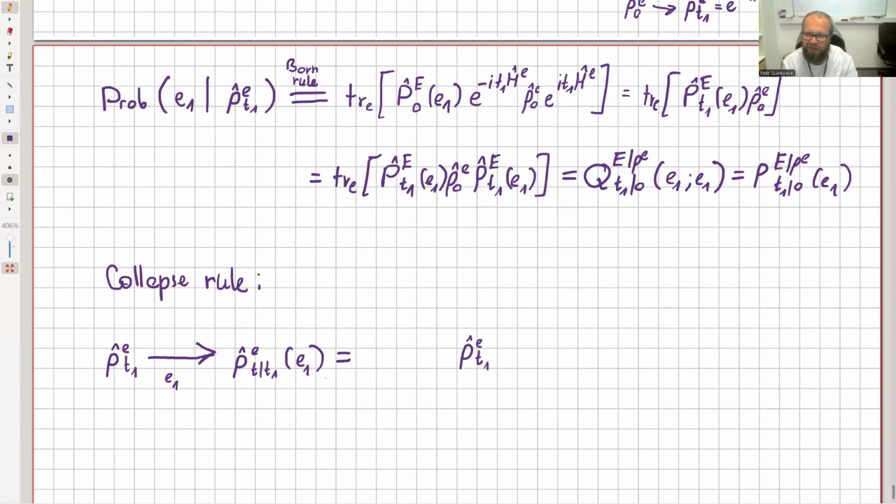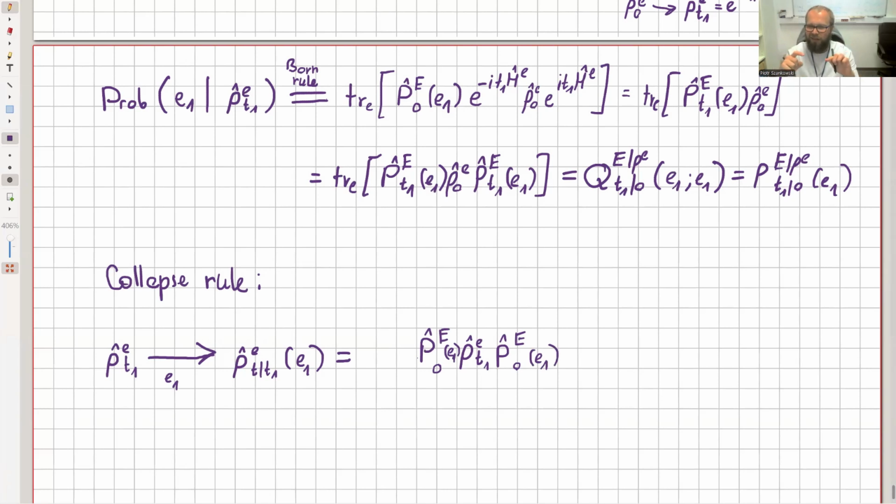Then the collapse rule tells us that because there was a measurement at time T1 and we measured result E1, you have to collapse this density matrix, which is realized mathematically by sandwiching it with projection operators P_E(E1).